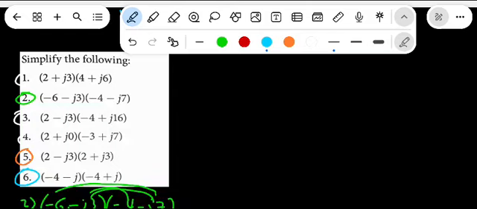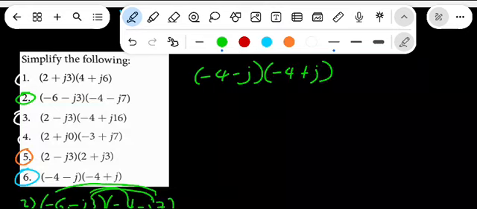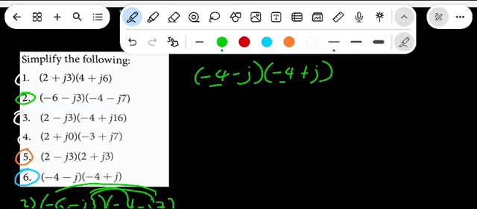In other words, we are multiplying conjugates. We have again negative 4 minus j times negative 4 plus j. This is a difference of two squares again.